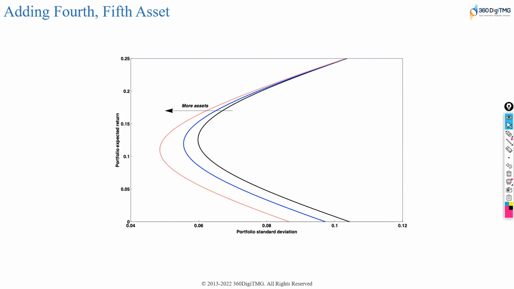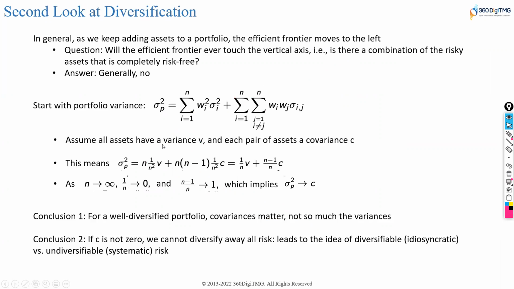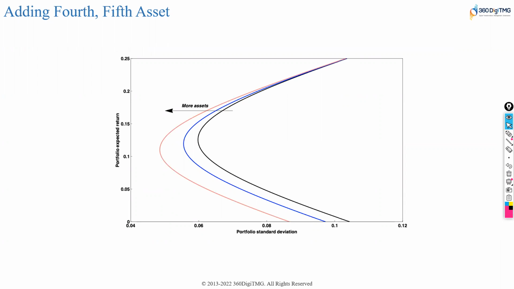And another thing is, as you keep adding more and more diversified assets, what will happen is the risk will keep on reducing. But then if you keep continuing to do that, you might assume that it will touch this and become zero magically.